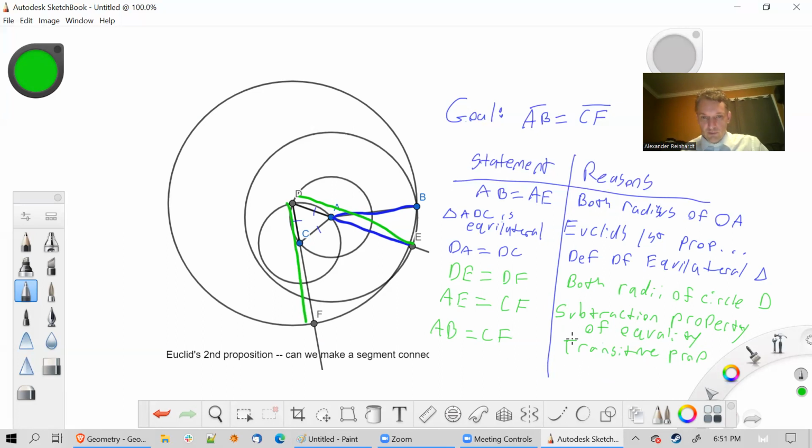So that's the transitive property. Two different things are equal to AE, so these two things must equal each other. That is, AB here was shown to be equal to AE, and CF here was shown to be equal to AE. If they're both equal to AE, they are equal to each other. That's the transitive property. Again, the transitive property is really simple, so it's kind of hard to explain, because explaining simple things is hard.